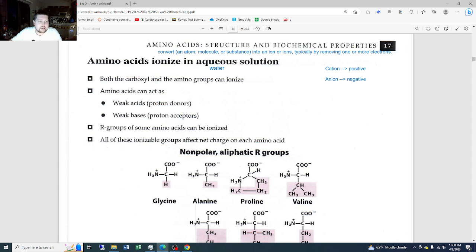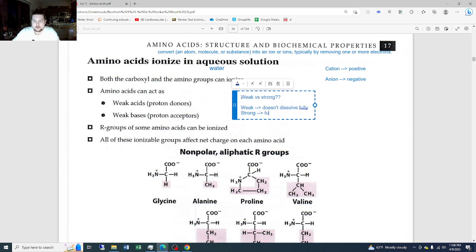Remember when we talked about weak versus strong? Weak, it's talking about how well it dissolves, right? So a weak one doesn't dissolve fully, and a strong one almost entirely fully dissolves.